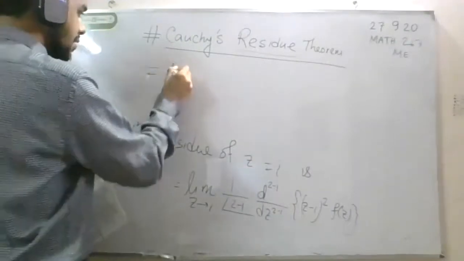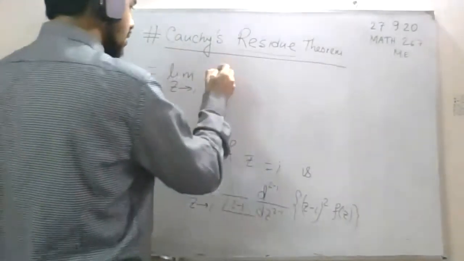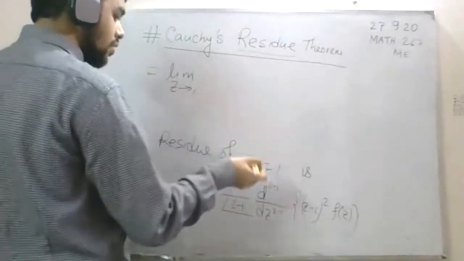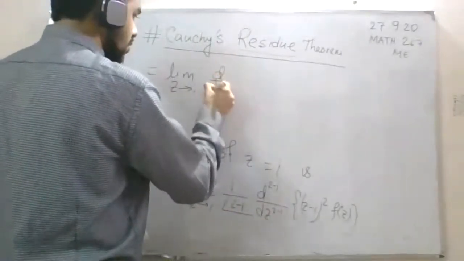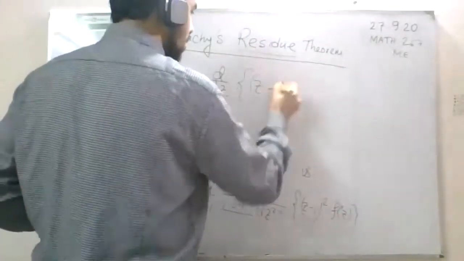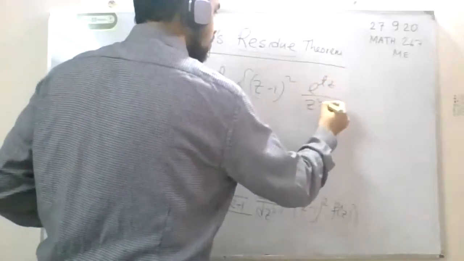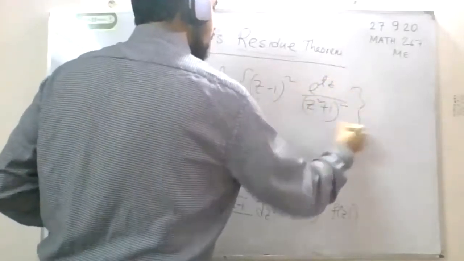So you can write here, limit z tends to i, and this means 1, and we have to take d by dz of (z minus i) whole square into e to the power tz, and also (z square plus 1) whole square.